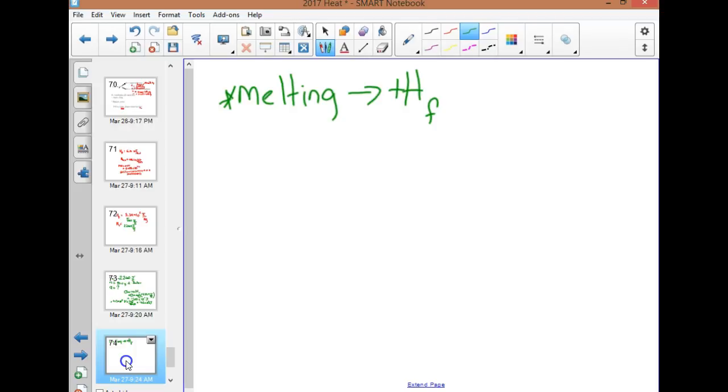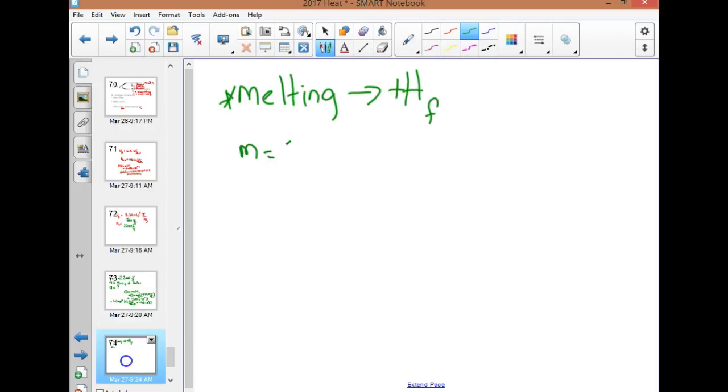So I know that my heat of fusion value has to be positive. If you were trying to put the ice cube tray full of liquid water into the freezer, you would have to put a negative heat of fusion value because you're trying to take away the heat from the water to make it go into the solid phase.